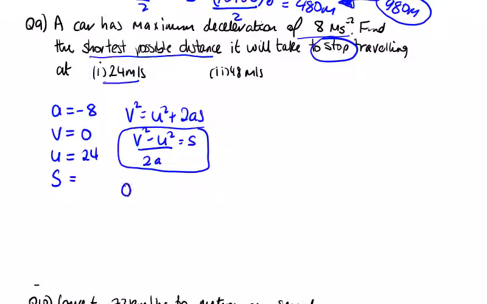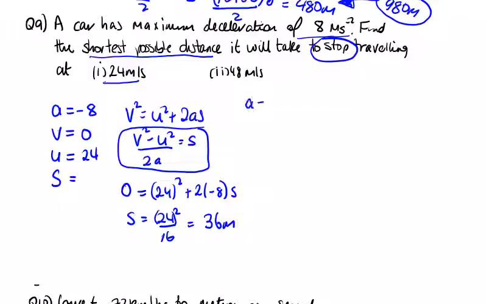I just fill the information into the formula. 0 is equal to 24 squared plus twice -8 times s. So this is going to be a -16s, but it's going to be 16s. So s is equal to 24 squared divided by 16. And 576 divided by 16 works out evenly to be 36 meters.